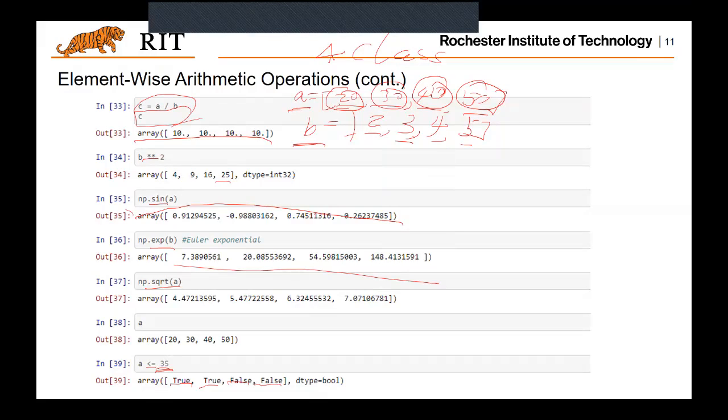It turns out the C will give you this 10, 10, 10, 10. What it does is 20 divided by 2, 30 divided by 3, 40 divided by 4, 50 divided by 5. And it computes the average because this is the summation and this is the number of people, and it turns out this is the average, right?